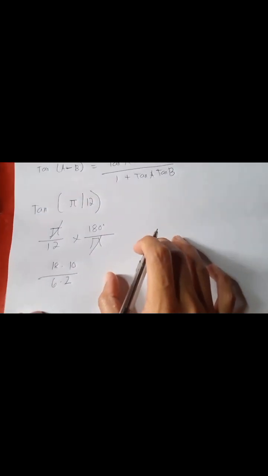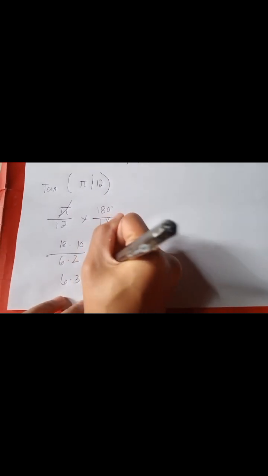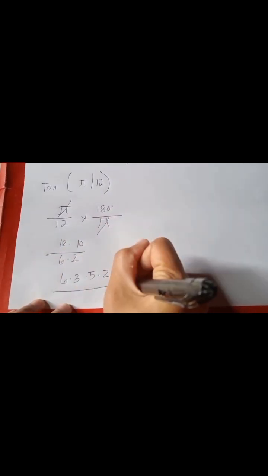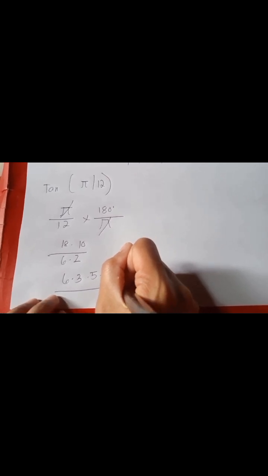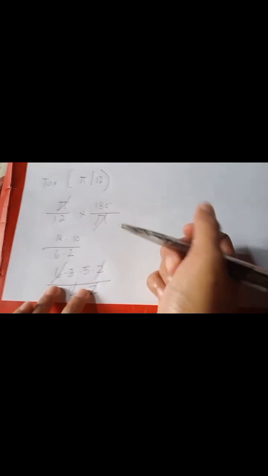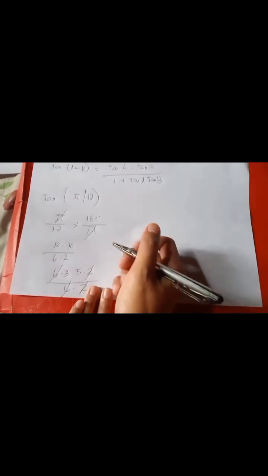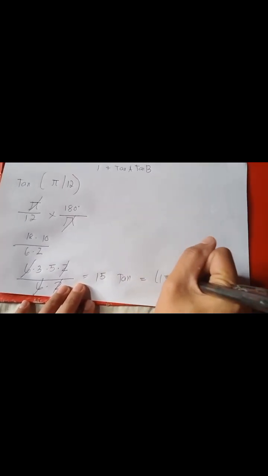So, 18 times 10 is 6 times 3 times 5 times 2, over 6 times 2. So, let's cancel 6 and 2. So, 3 times 5 is equal to 15. So, tan pi over 12 is equal to 15 degrees.